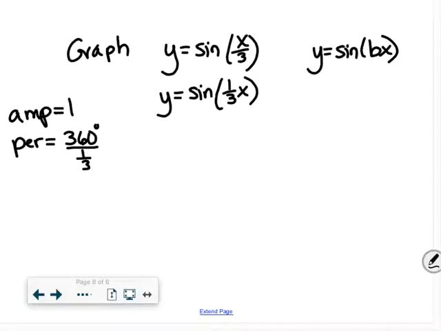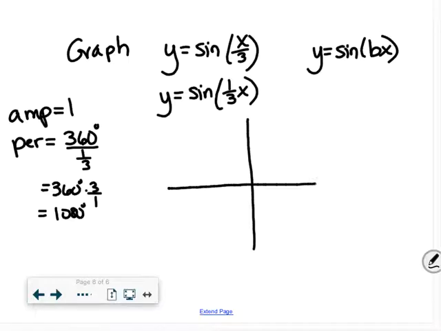So, when you divide by a fraction, you take 360 times 3 over 1, that's 1,080 degrees. So this is really stretching out a grid, but we're making 4 tick marks.